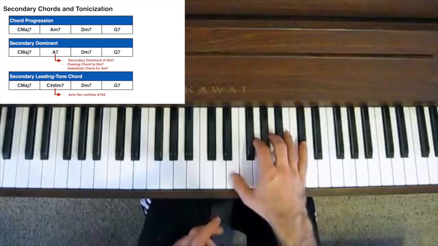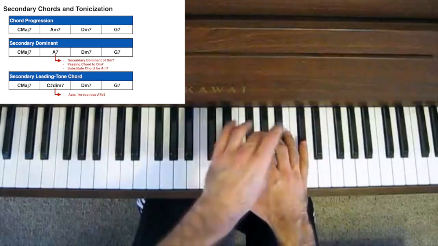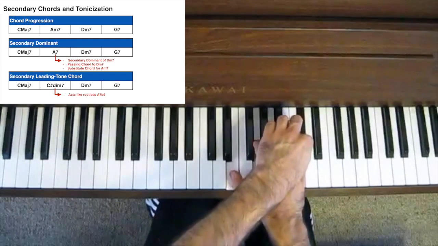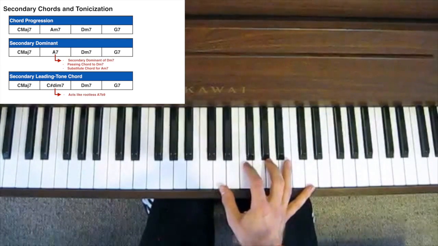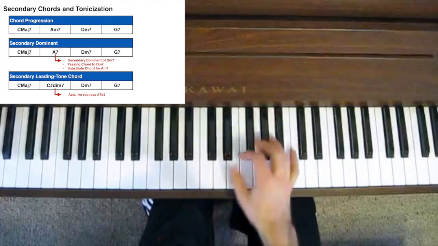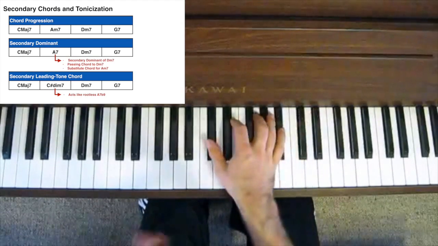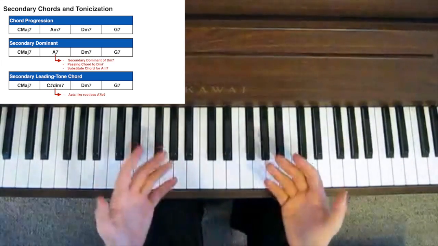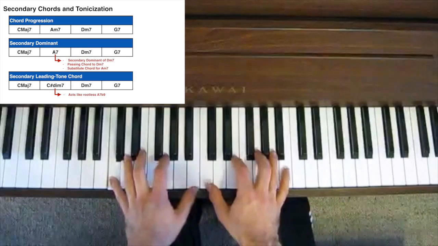Now this works in the same way as the secondary dominant chord, because we've got that C sharp up here, which is the leading note that resolves to the D. But in this case we've got the leading note in the root of the diminished. So now the chord progression will sound something like this.